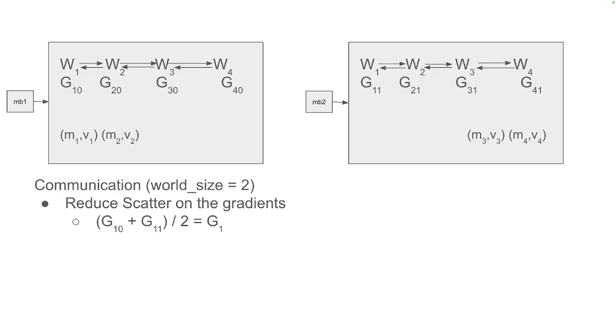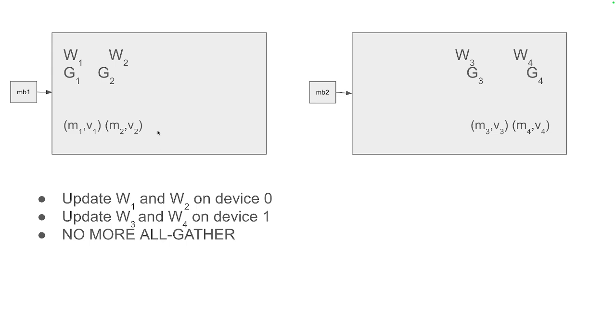Now it will follow a very similar process to ZeRO-2, where you have these gradients across GPUs. Now you have to reduce scatter the gradients. You take G10, G11, take an average, and then send back. You do a reduce scatter, so each device has G1, G2, and then you can update these weights.